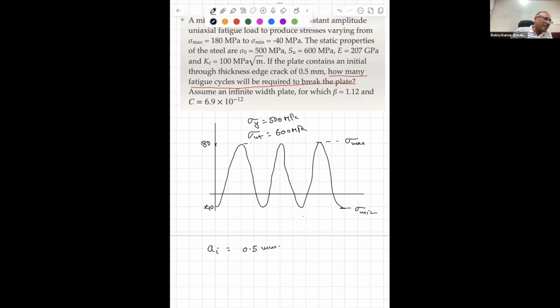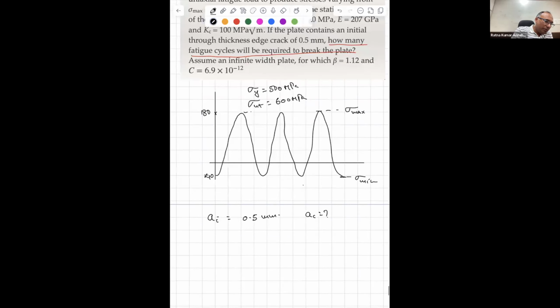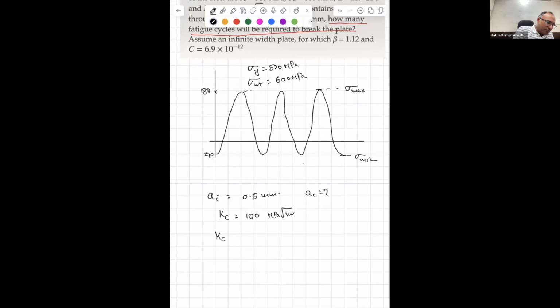So how do you find how many cycles are required? What will be the critical crack length? You should know what is critical crack length. We don't know, but we know fracture toughness to be 100 MPa root meter. So we know Kc is equal to beta, that is geometric factor, sigma root pi AC.